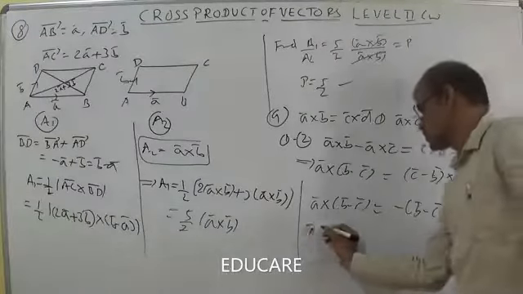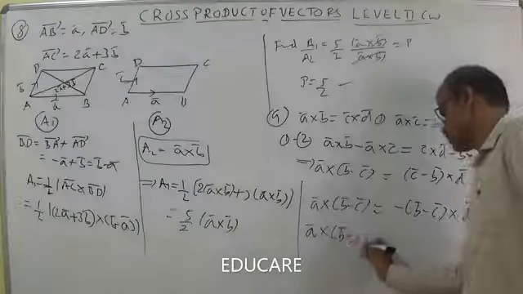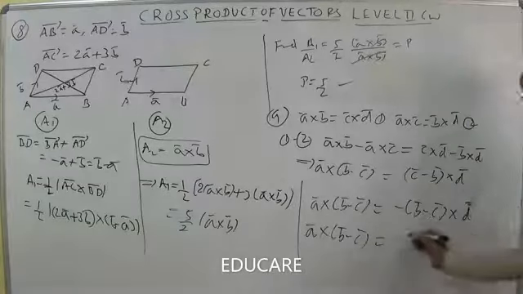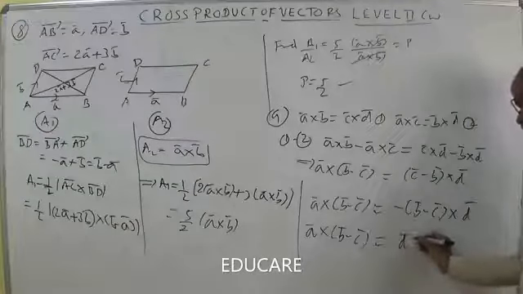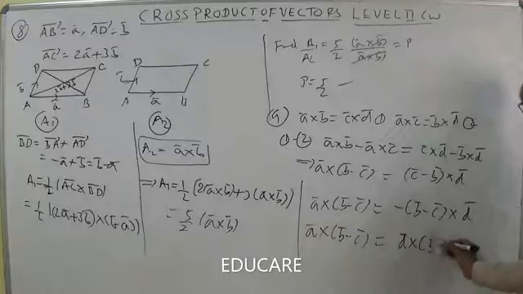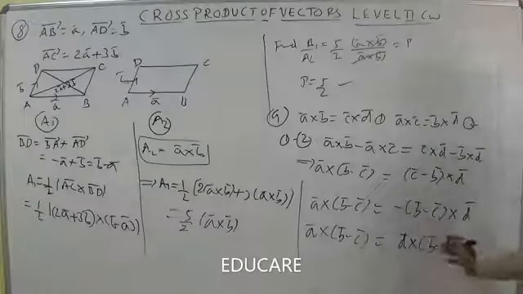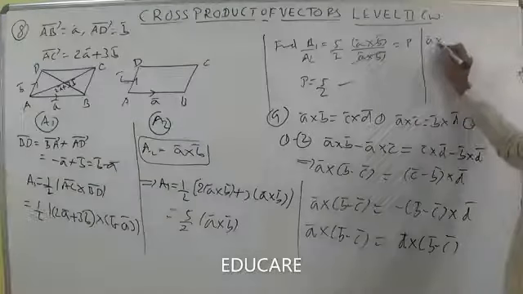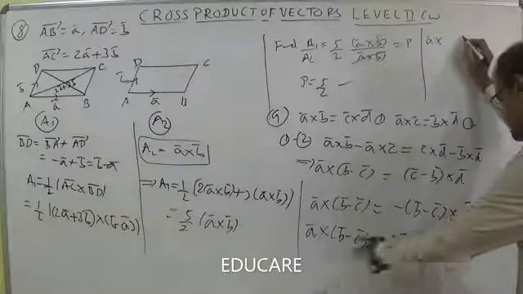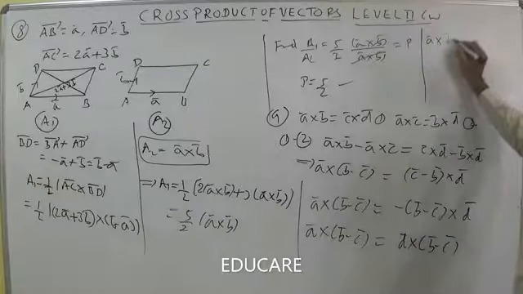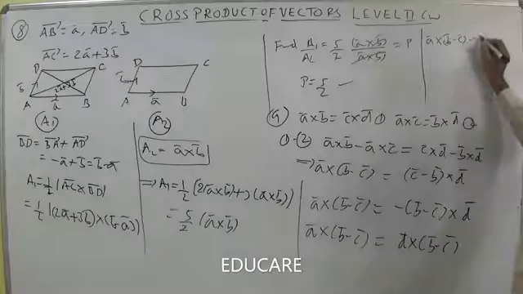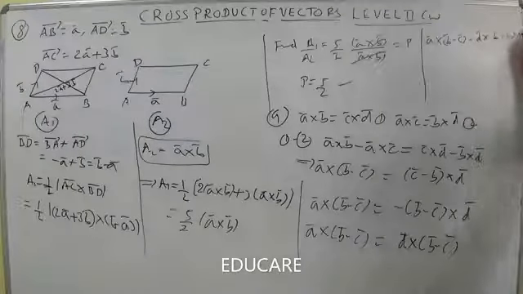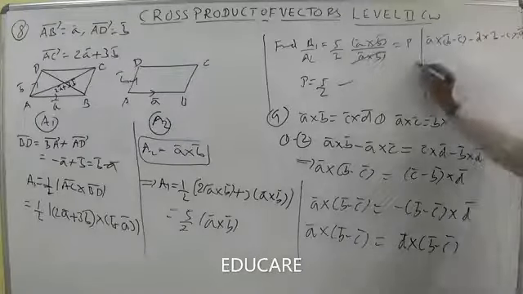Next step, A bar cross B bar minus C bar is equal to, taking this minus this side, D bar cross B bar minus C bar. Taking this side: A cross B minus C, minus D cross B minus C, equal to 0.